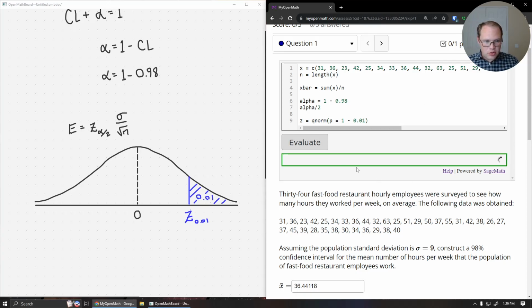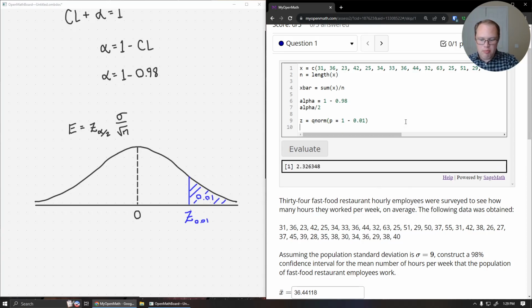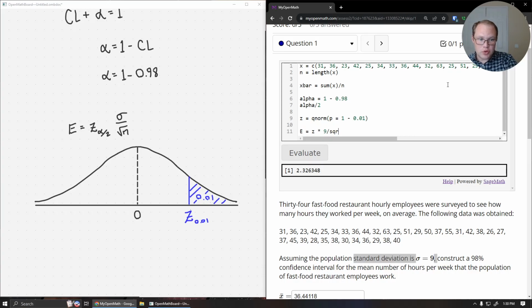Okay? So that's our z, which means our margin of error is our z value that we just calculated times our standard deviation. The problem tells us that our standard deviation is 9, divided by square root of the sample size. So square root of n, or square root of 34 if you want to put it in exactly.